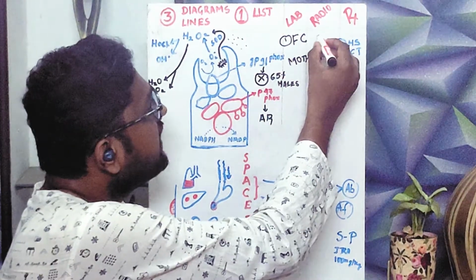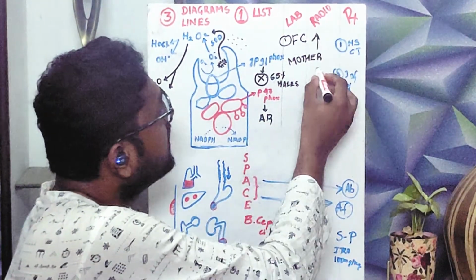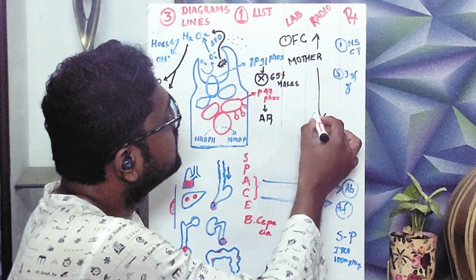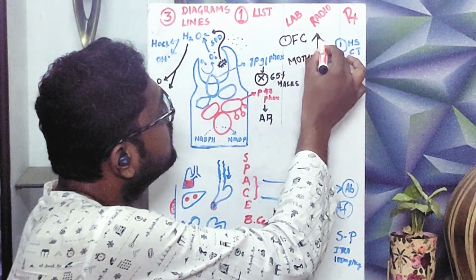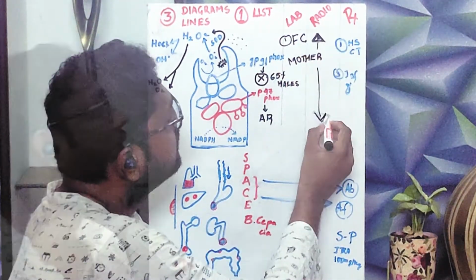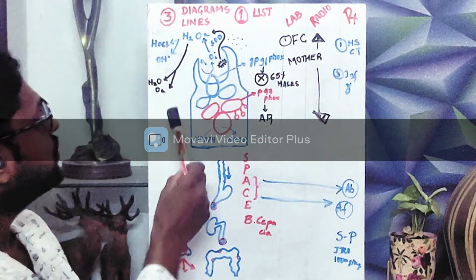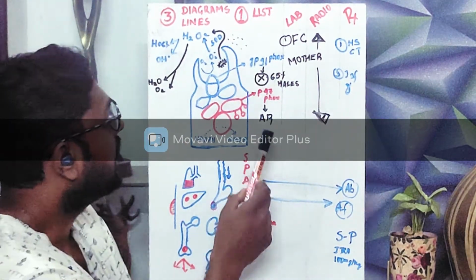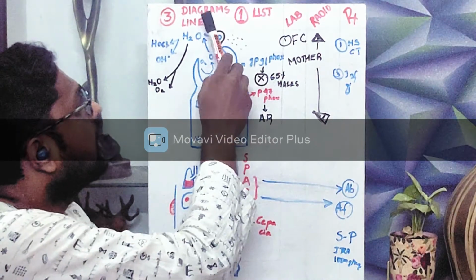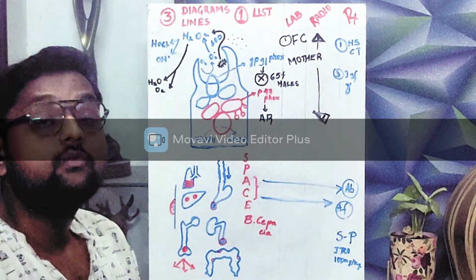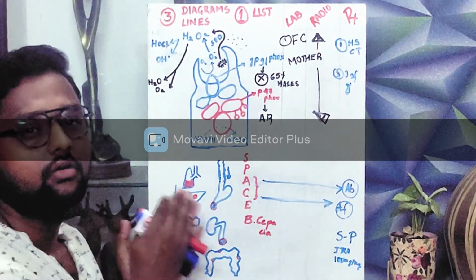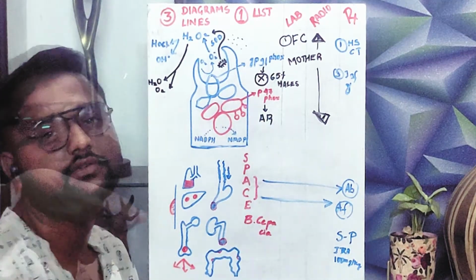So basically we have filled this column as well. Now, with just two diagrams, a list and 3 lines, we have completed chronic granulomatous disease.